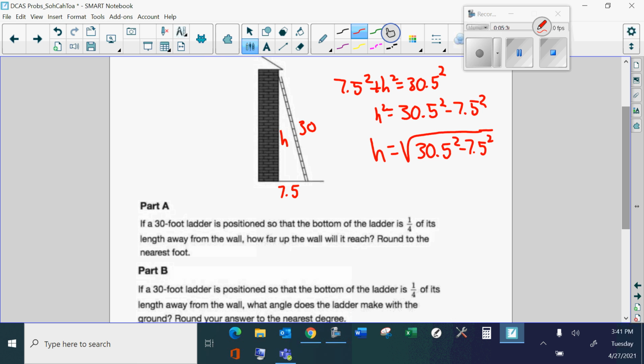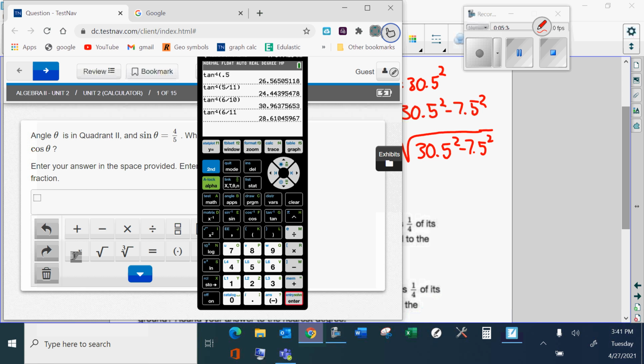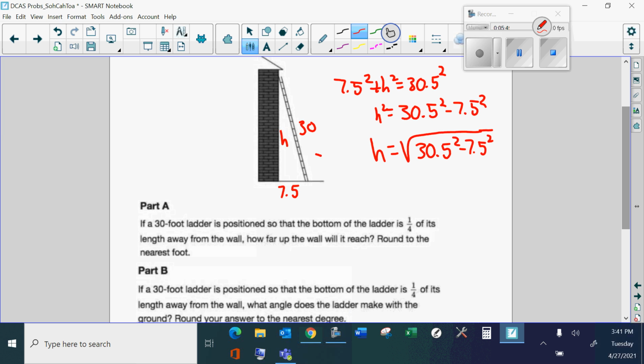Okay, so now I just plug that in the calculator. Square root of 30 squared minus 7.5 squared. Enter. 29.6. So 29.6 feet. And what's it say to do?